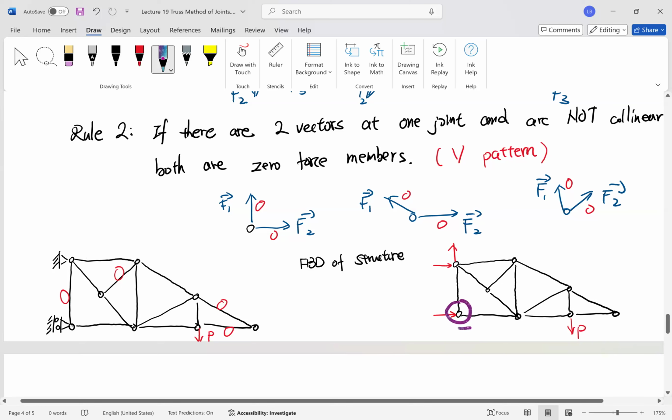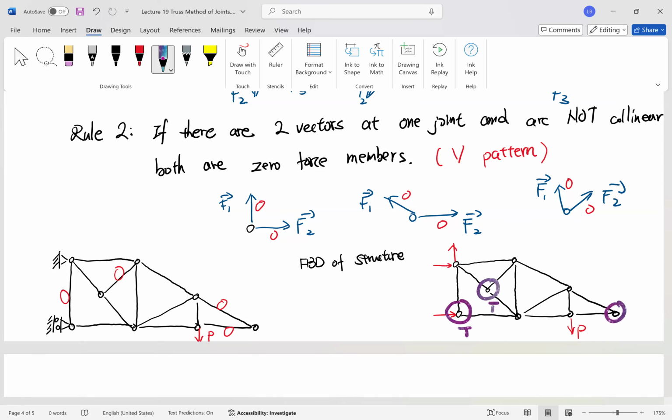And we have a V pattern here, right? Okay. And how about this node? It is not a T pattern because we have the 3 bars plus 1 external force. So it is actually an X pattern here.